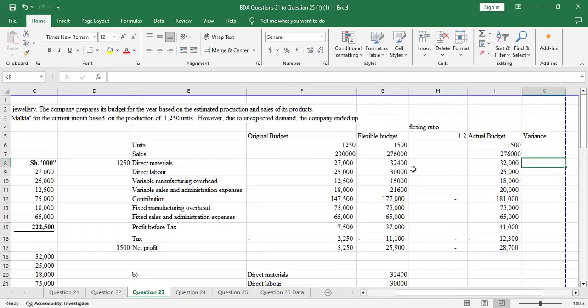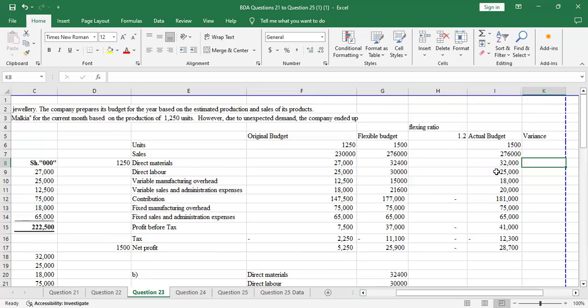So we spent less. In cost, when we spend less, that's favorable.